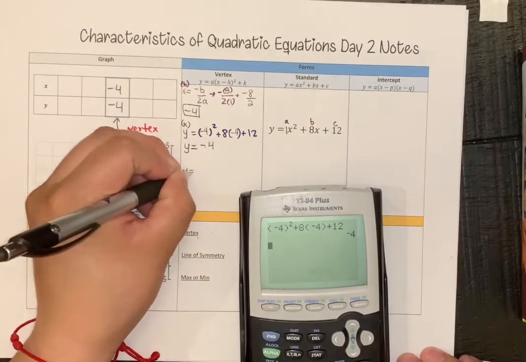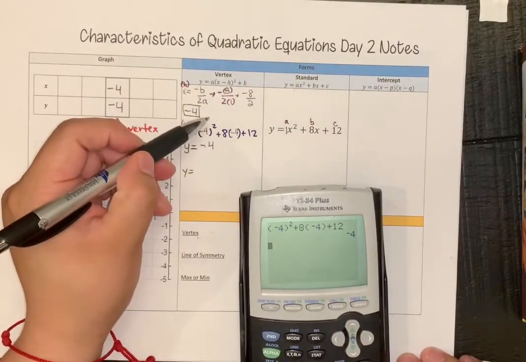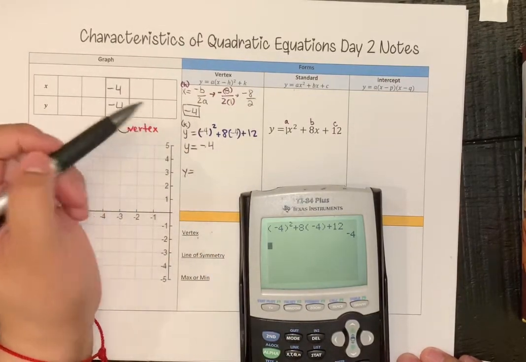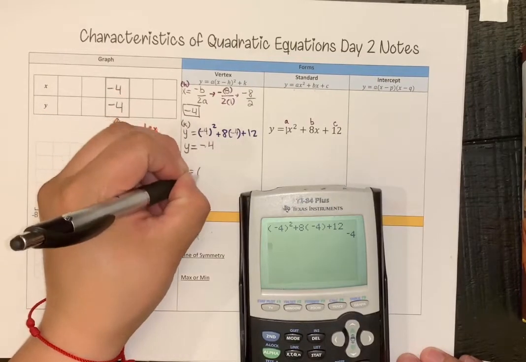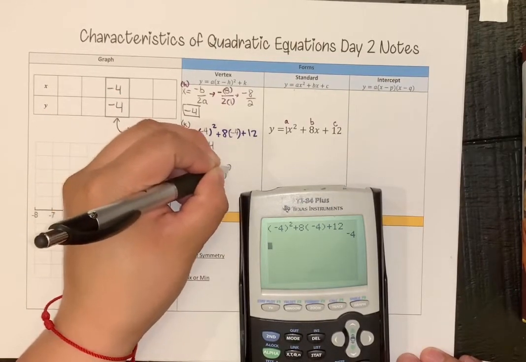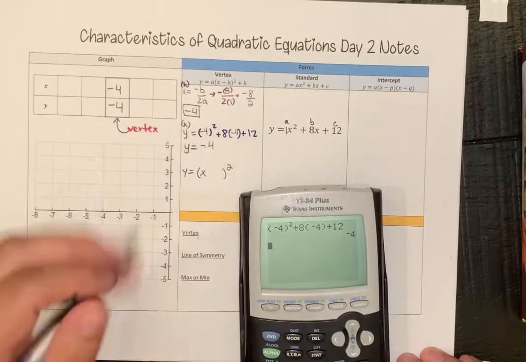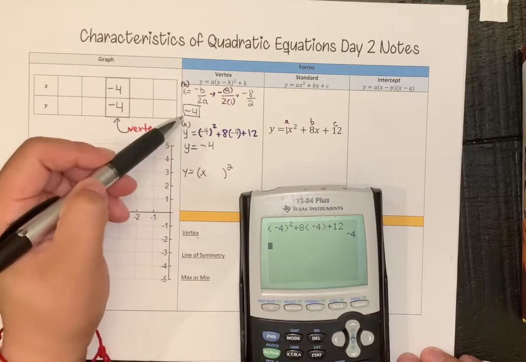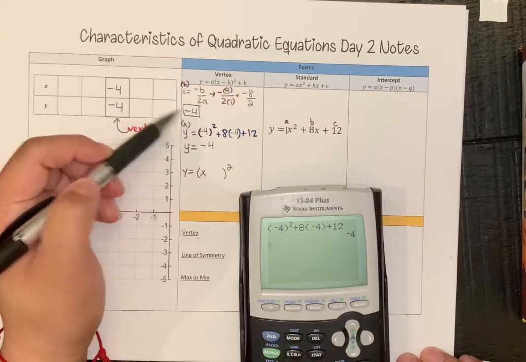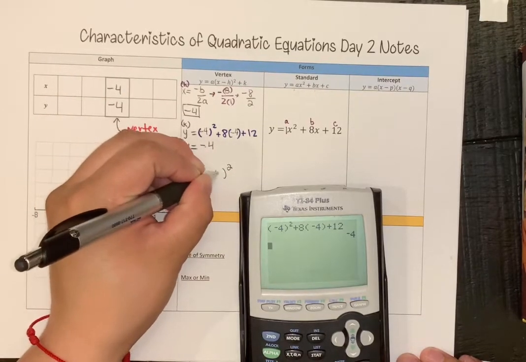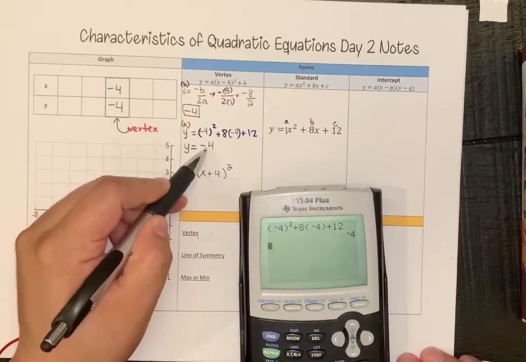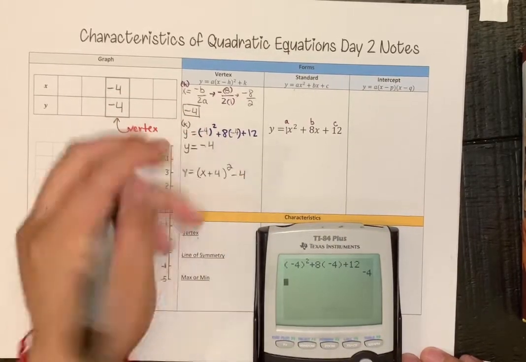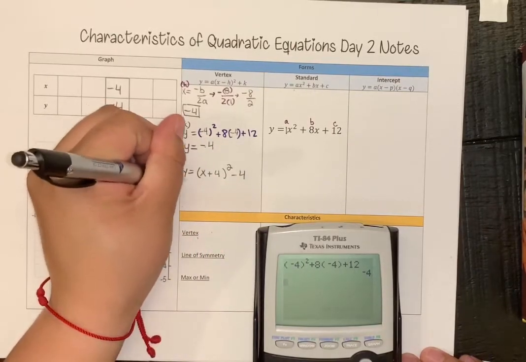So y equals, we don't have any a's right now, and notice how here our a is 1, so we don't have to write anything down. So we have x, and then our x, which is also our h, is negative 4. We do the opposite, which gives us positive 4. And then our k is negative 4. That one stays the same. So this is our vertex form right here.